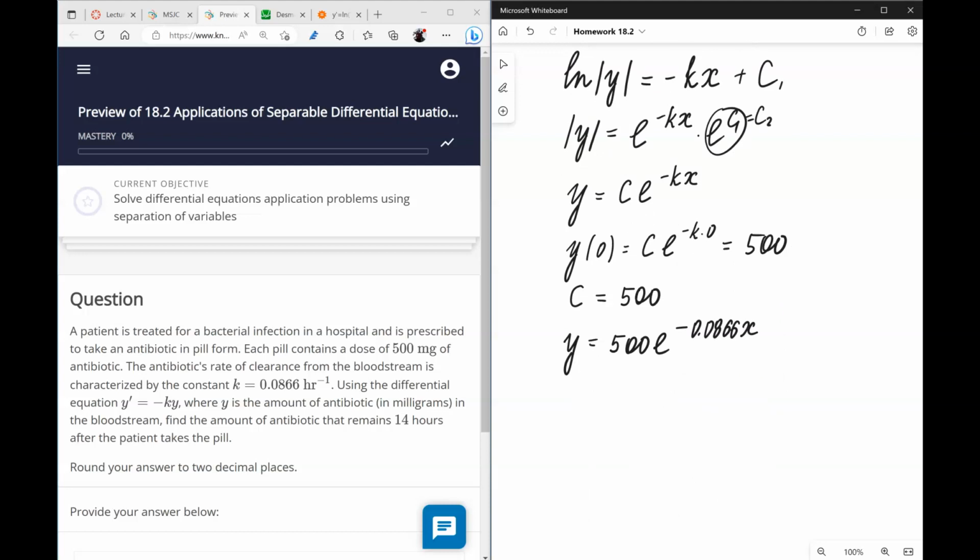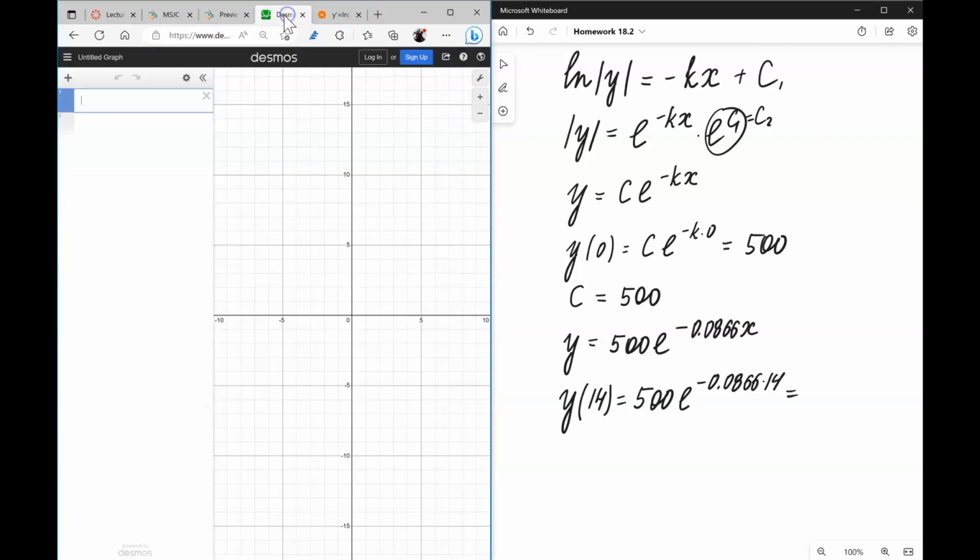And now the question is how much we have after 14 hours, which is pretty much we're just evaluating this function at 14. And to do this, I'm going to grab a calculator. Desmos will do. And here I'm just going to type exactly that expression.